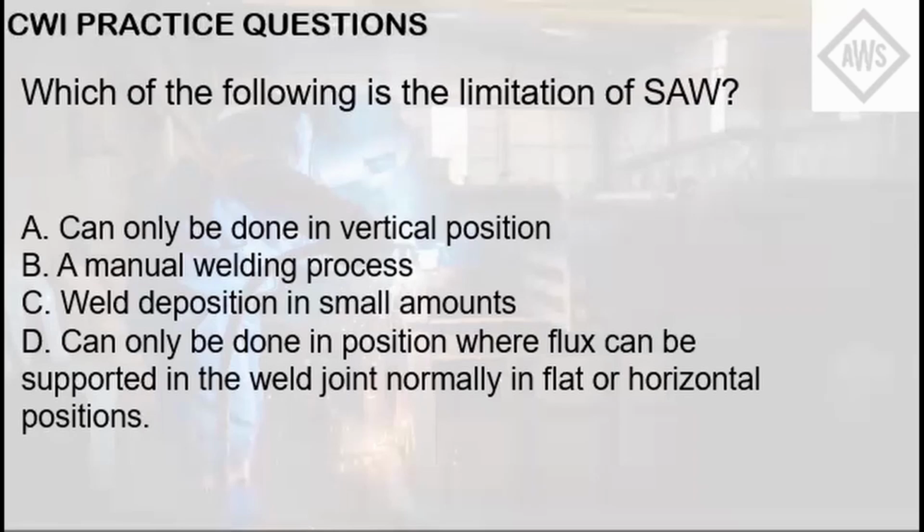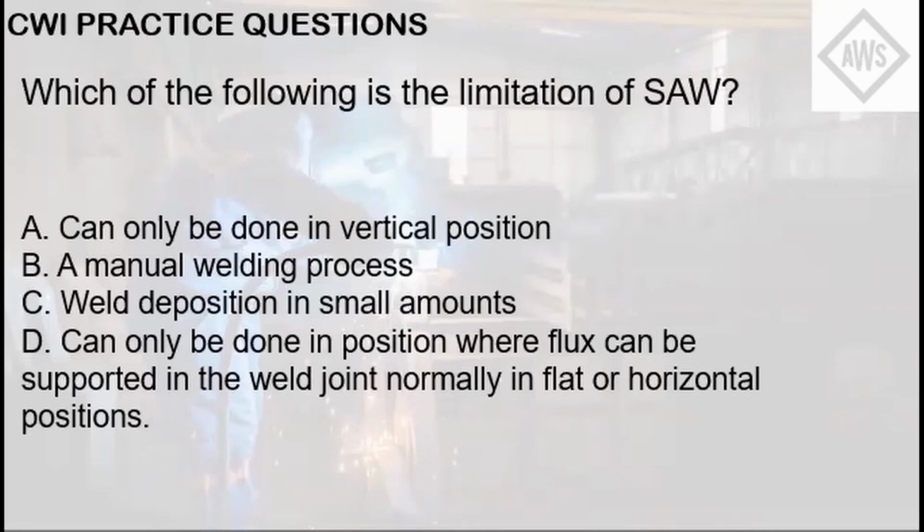Letter B, a manual welding process. As I alluded to earlier, it can be considered a semi-automatic or an automatic process because you can control the wire feeding and the travel speed. So letter B is not correct. It's not a limitation because it's an automatic process. Letter C, weld deposition in small amounts.